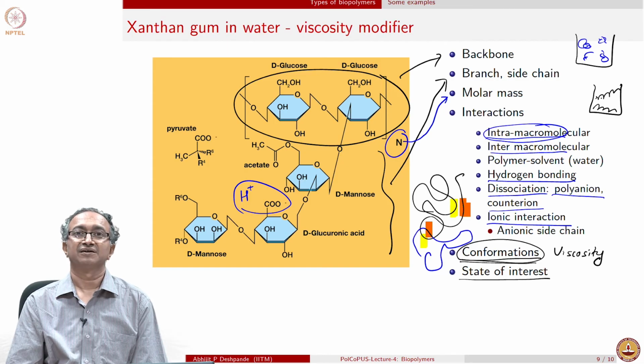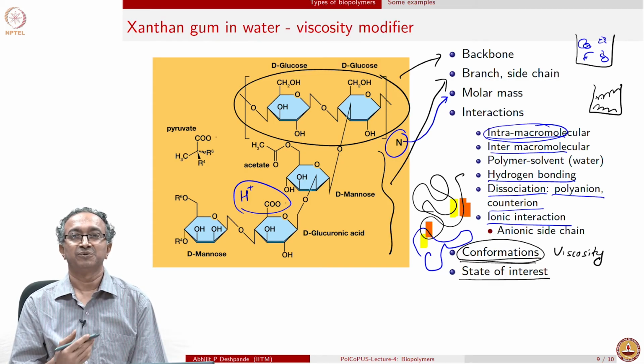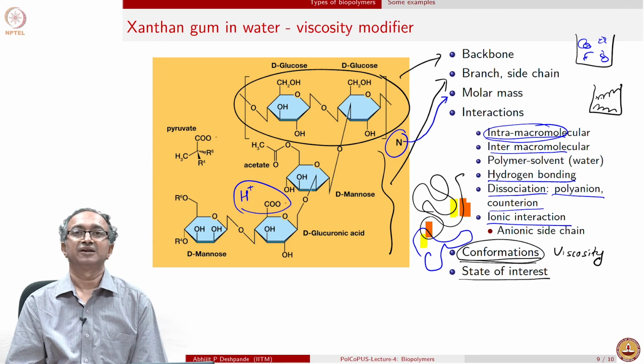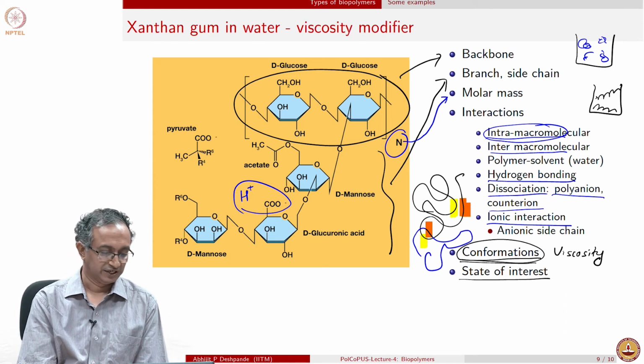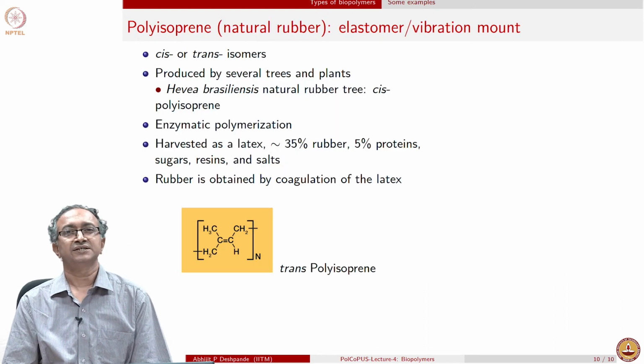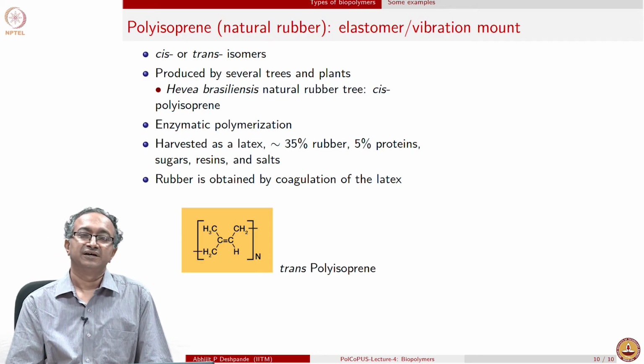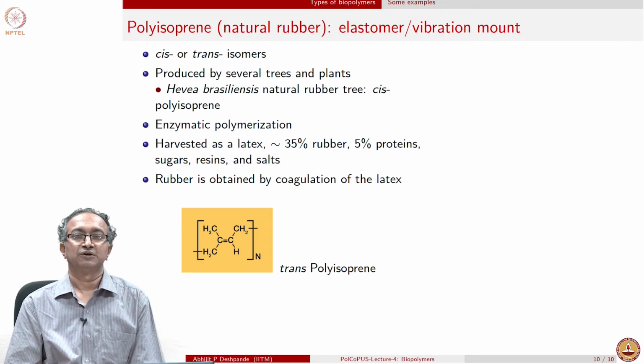So, if you want to stir one versus the other, clearly if viscosity is different, then the amount of energy required for stirring will be different. So, will it be different is something for you to think of, and we will look at this in a future lecture. Let us continue our journey and look at another example of a natural polymer.